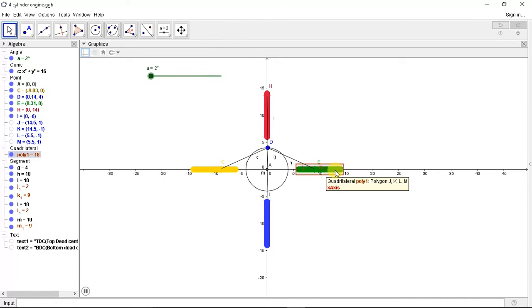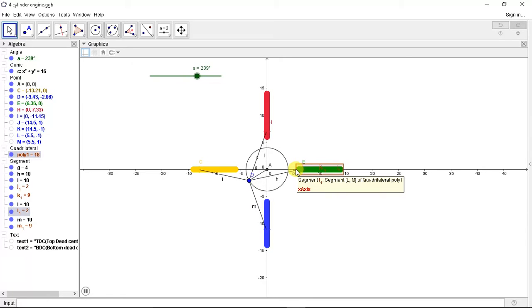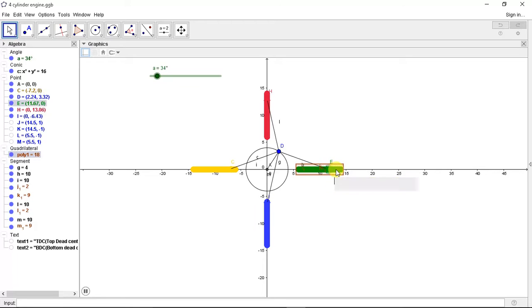Let's consider the strokes, considering this as expansion stroke, exhaust stroke, inlet stroke, and compression stroke. So these are the four strokes taking place in this. This is the top dead center and this is the bottom dead center.